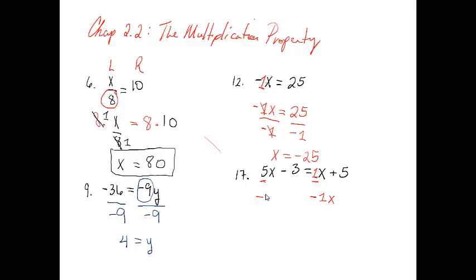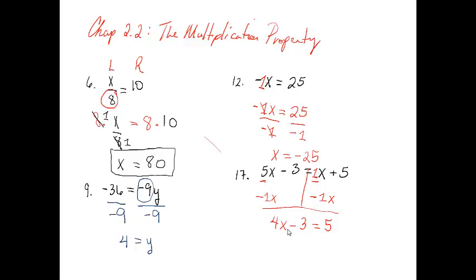1x on the left side of the equal sign as well as on the right side. And let's see what we get here. 5x minus 1x is 4x. I still have that minus 3 equals 5. Okay, great. So now I have the x on the left side, which means I need to move everything away from it.